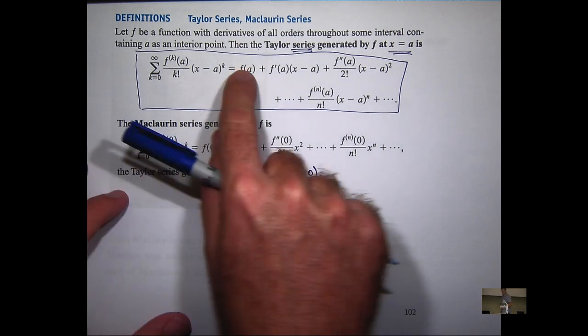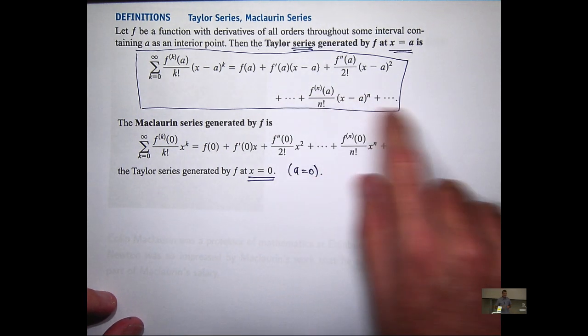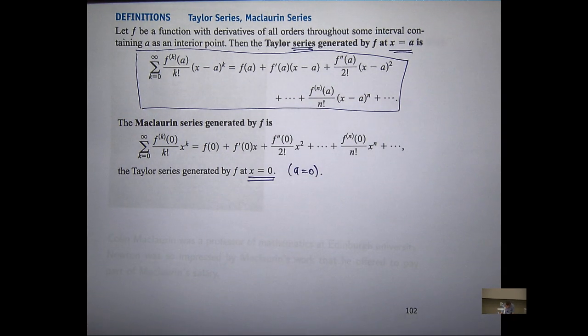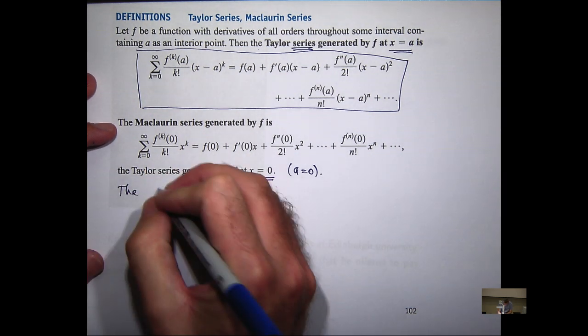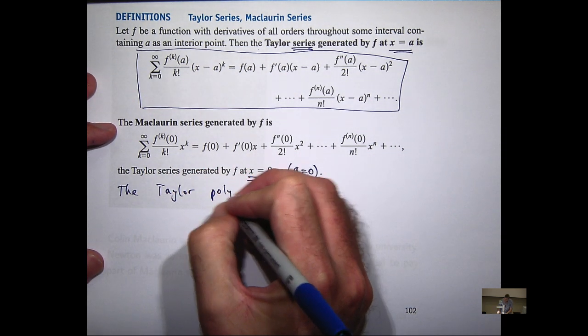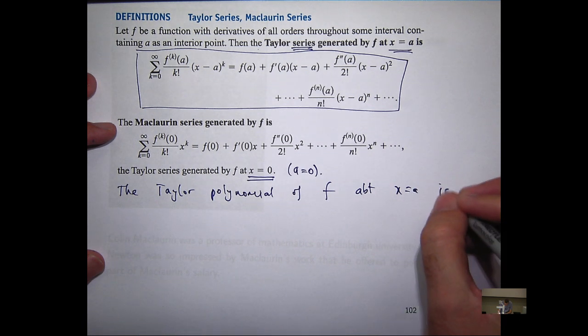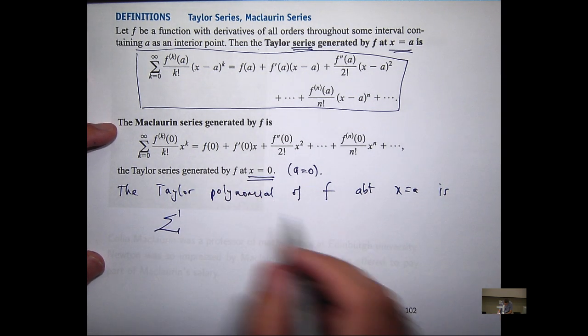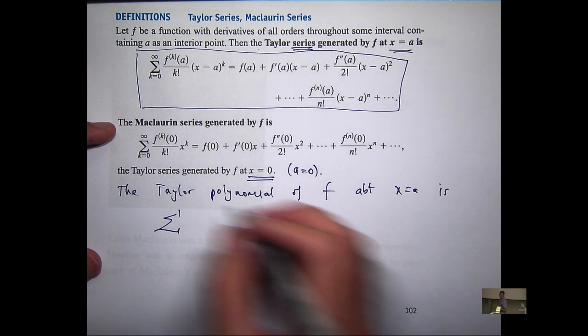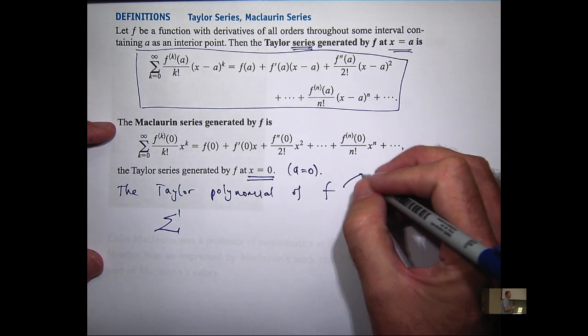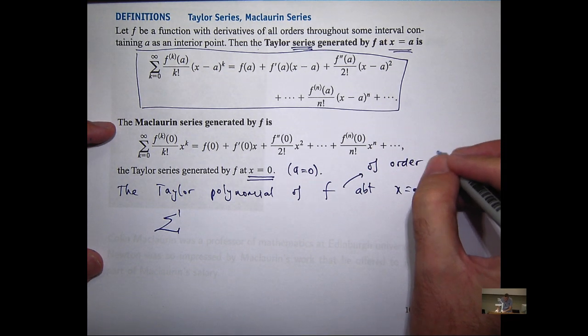Now, if I take just a few of the terms, so I don't keep on adding and adding, I get what's known as a Taylor polynomial for f about the point x equals a, of order, say, n.